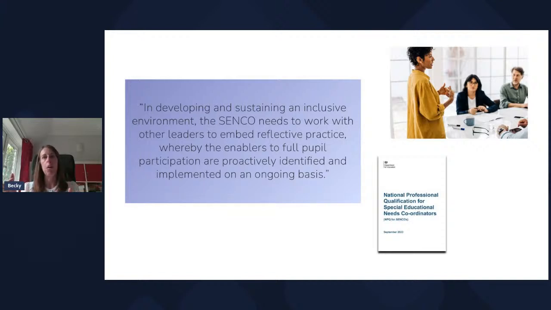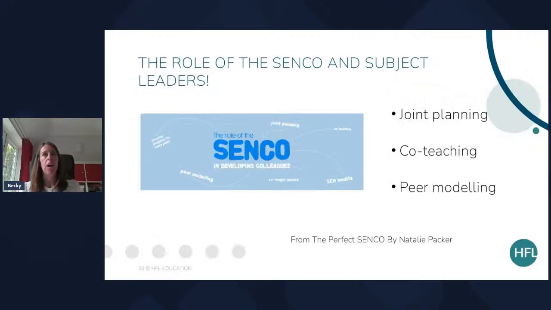I've recently written a blog with our science advisor about vocabulary instruction. I'll provide you a link to it at the end. But we work together because I bring the SEND knowledge and skills, and she brings the science knowledge, and then we upskill each other, which is a great model to use within schools as well.